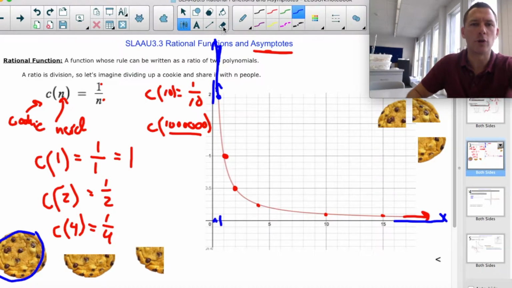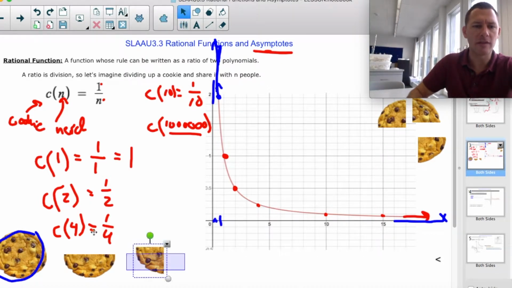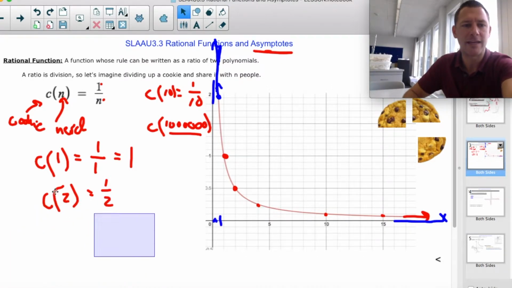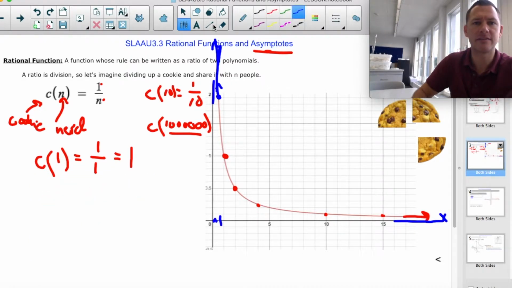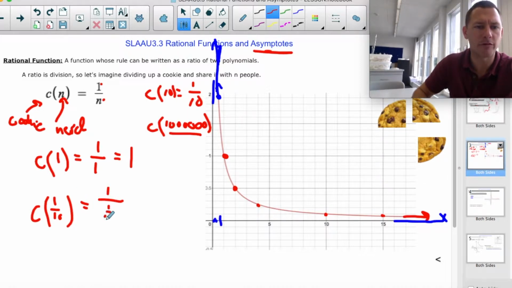You could also look at it this way. If you're taking C of a tenth instead of C of 1, that's really saying one cookie divided by a tenth of a person, small person, I don't know. And if you multiply the fraction, you get 10 out of it.